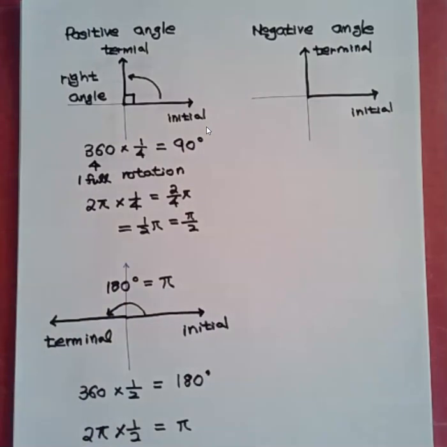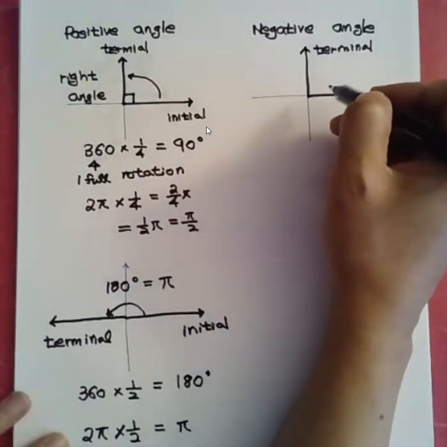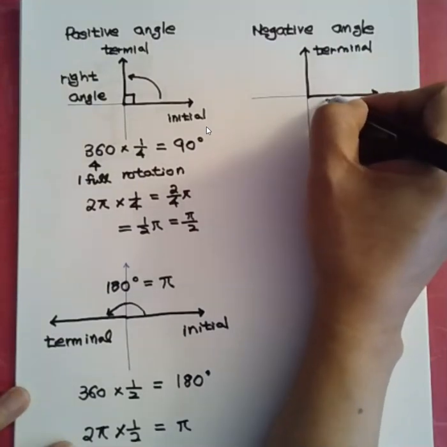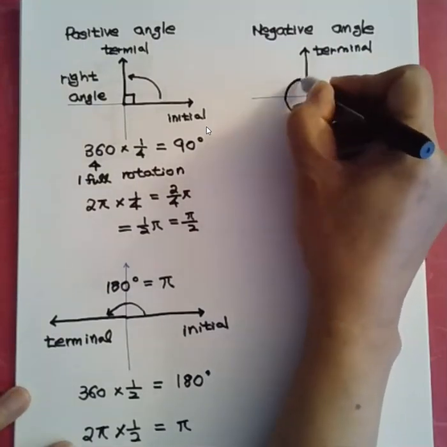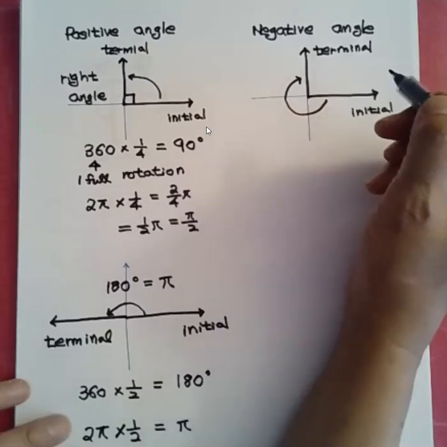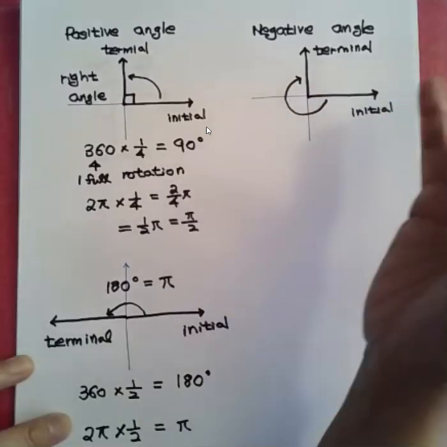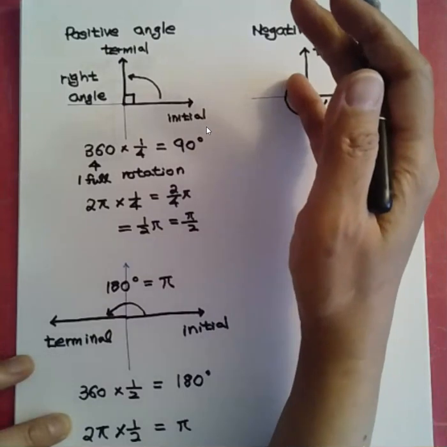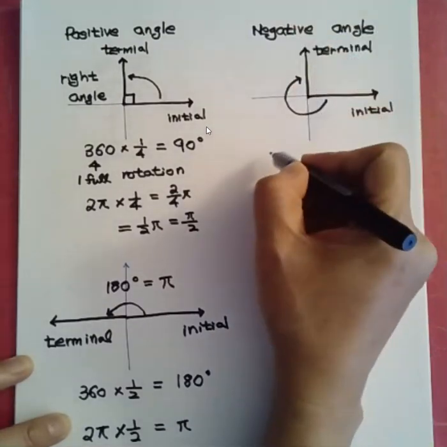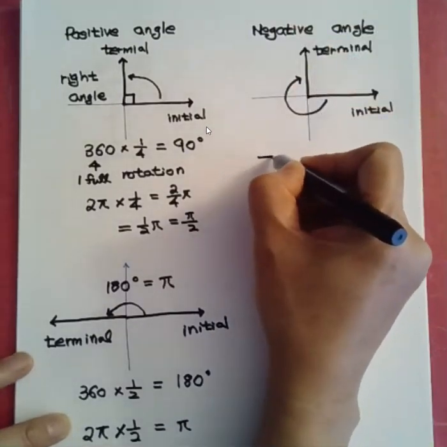I said a negative angle is obtained by rotating the initial side to the terminal side clockwise. We go this way. This is a negative angle. We rotate it clockwise, so the angle value is negative.